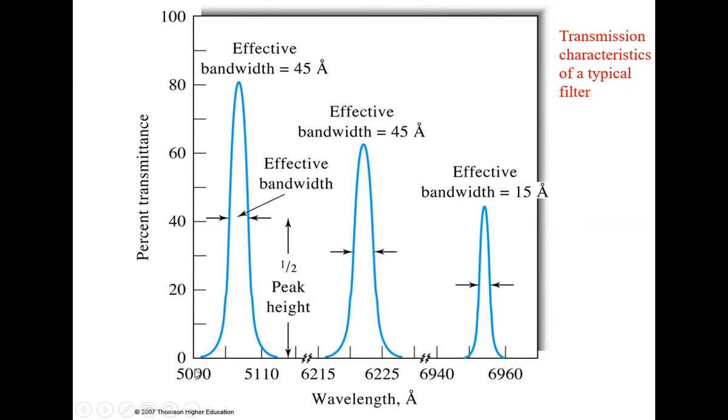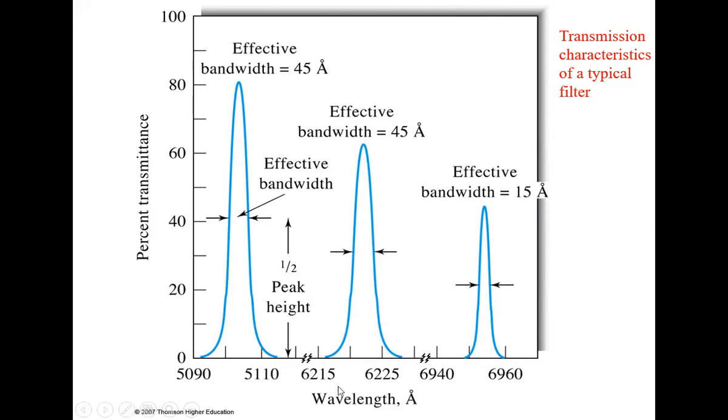And if you are talking about 549 nanometers, you are in the visible region, okay? So those can be used in the visible region. If you operate between 6215 and 6225, that is an interference filter of bandwidth 45, again the effective bandwidth.